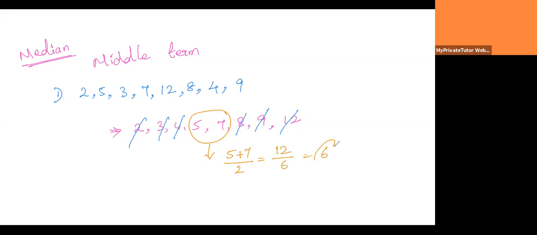So the median of this is 6. Okay, this is nothing but a median. Any questions, guys? If we have data like this, with only 5 numbers, you can see that we'll get the exact middle number here, which is 50. So that is the median.